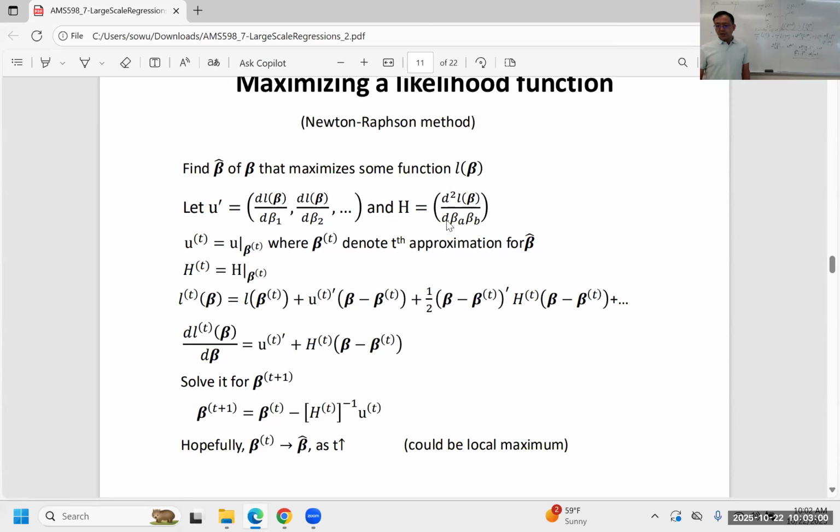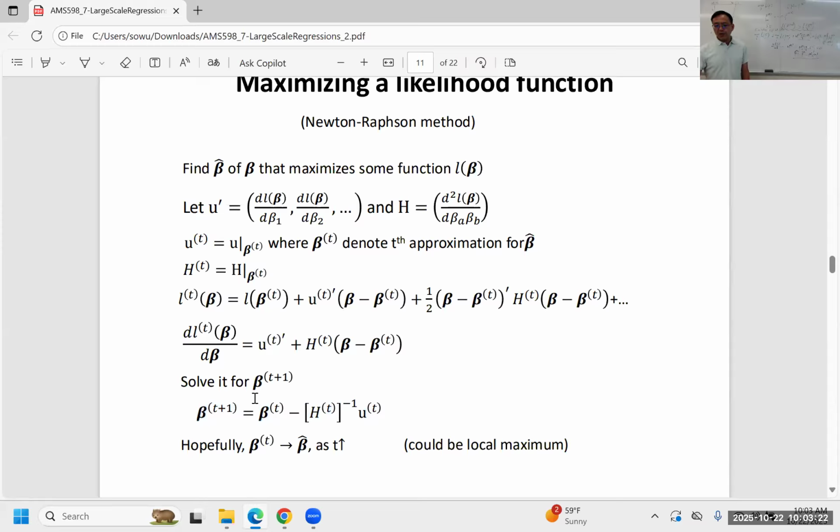Again, this Newton method is a general method. It's not only applicable to maximum log-likelihood, it's applicable to almost any generic function. So this is basically the solution here.